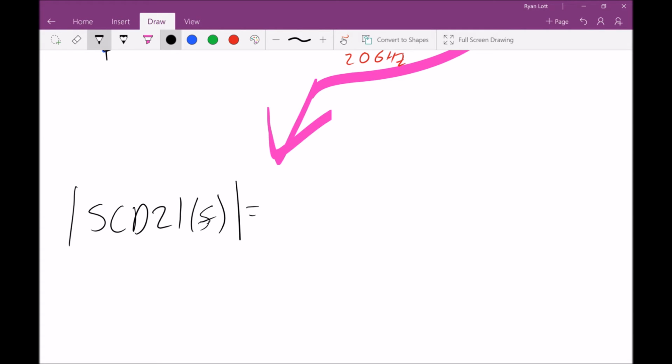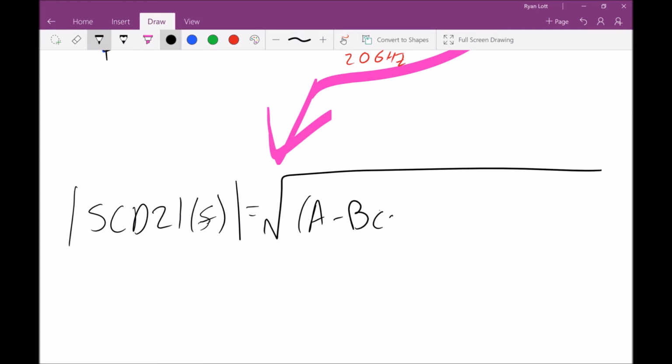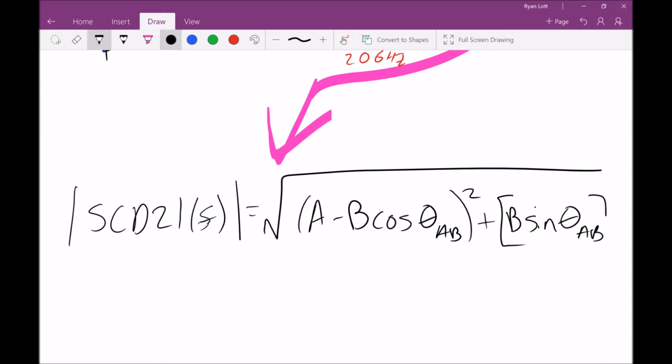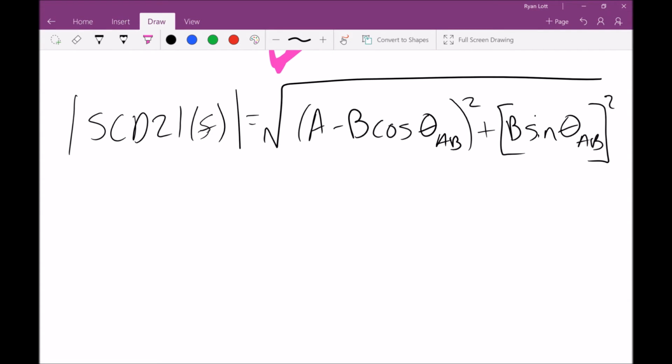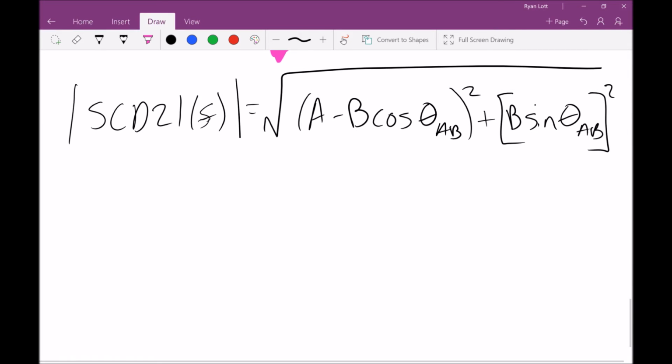The magnitude of SCD21 is therefore equal to the square root of (A minus B cosine theta AB) squared plus (B sine theta AB) squared. This is the general formula with our differential distinguished notation.